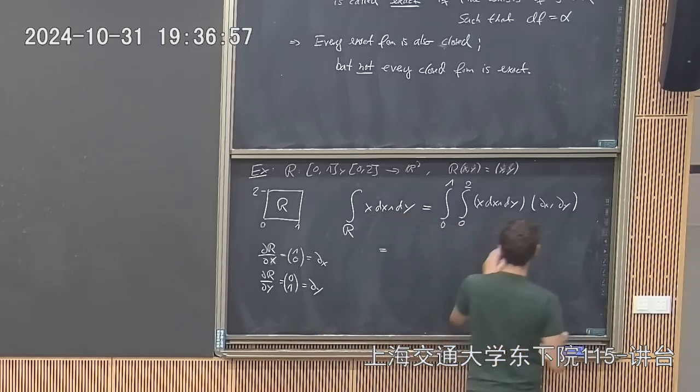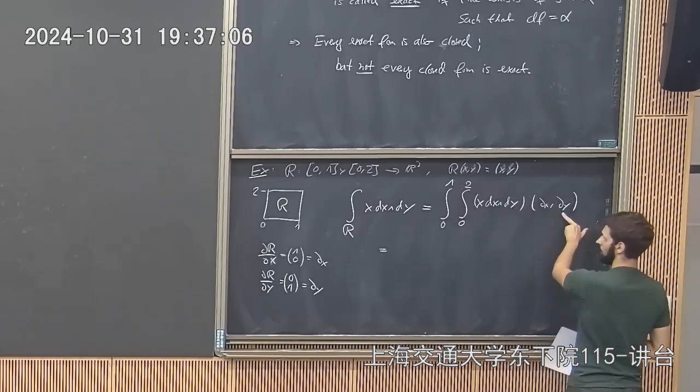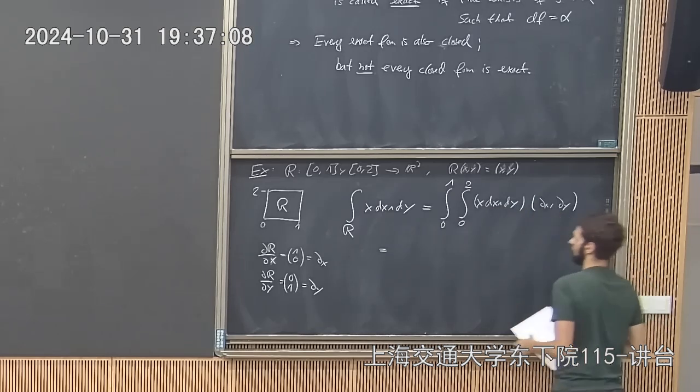If we plug dx, dy into the wedge product, dx hits the first vector and gives us 1, dy hits the second and gives us another 1.